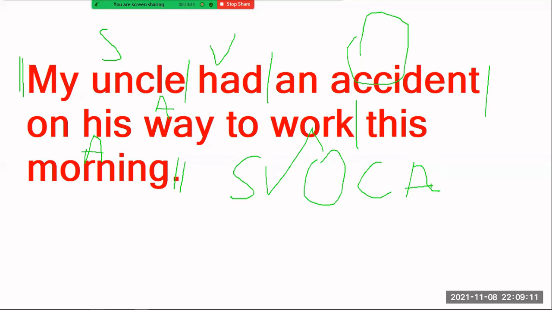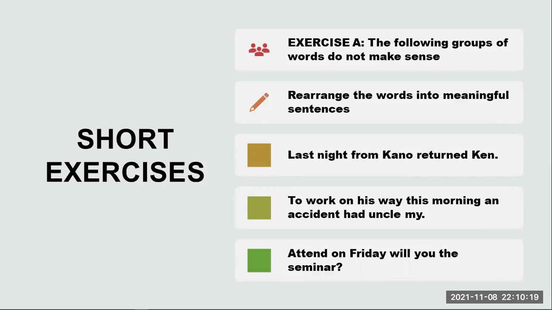Of course, there are exceptions to this rule, and that is when you ask a question, for instance, all right? Did my uncle have an accident on his way to work? If we ask a question, then we can begin with the verb. The verb comes before the subject. Now, the third exercise.